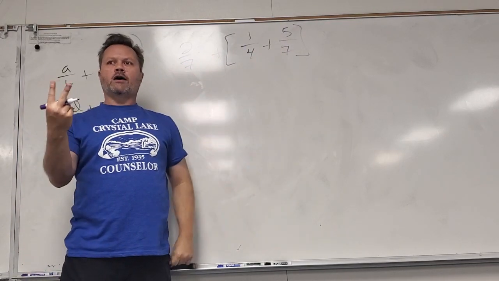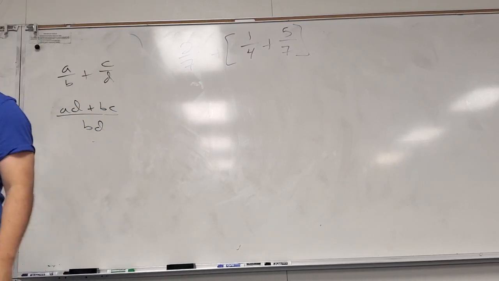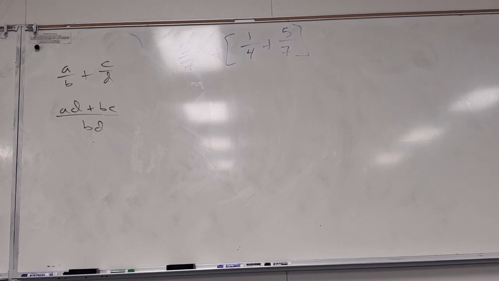So what 2 properties could I use? Don't I want to move the 5 7s to be with the 2 7s? So I at least want to use commutativity. But there's parentheses around there, so I also need to use associativity. I like it.